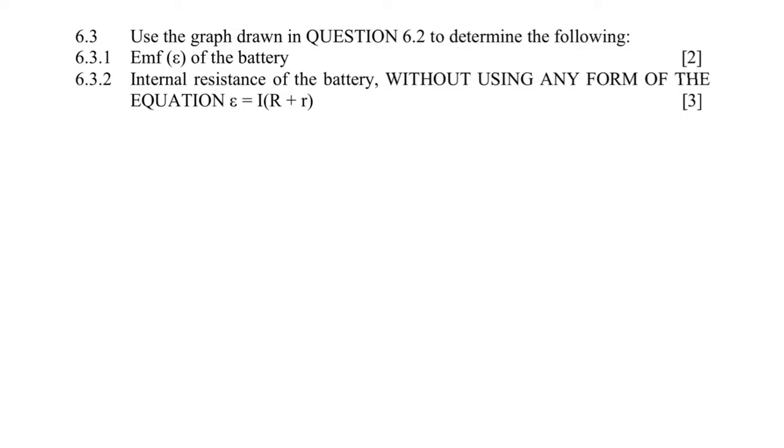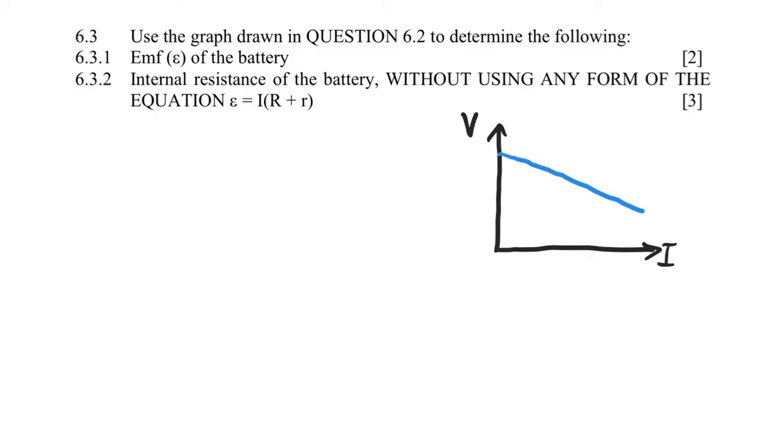Now, the graph is a straight line, and we have V plotted versus I, but it also is a line with a negative gradient.